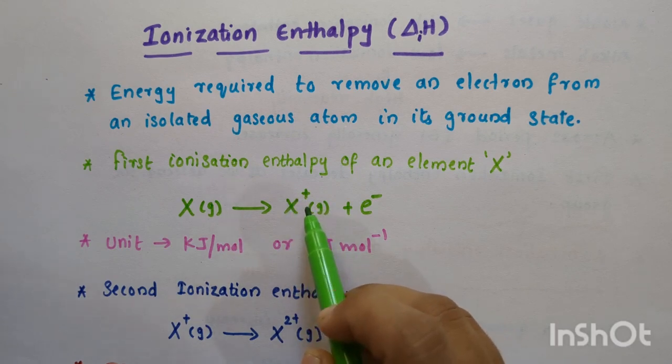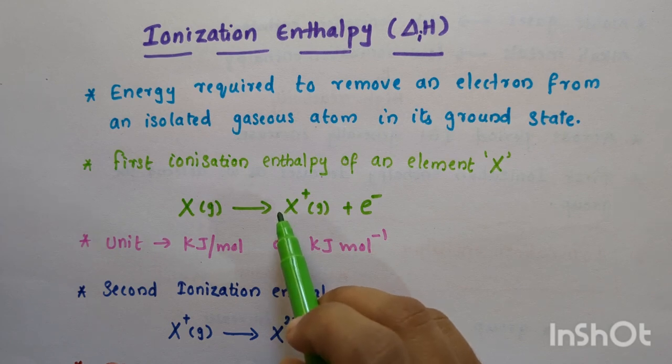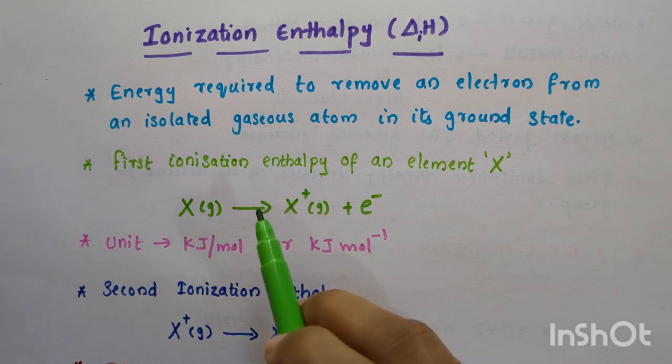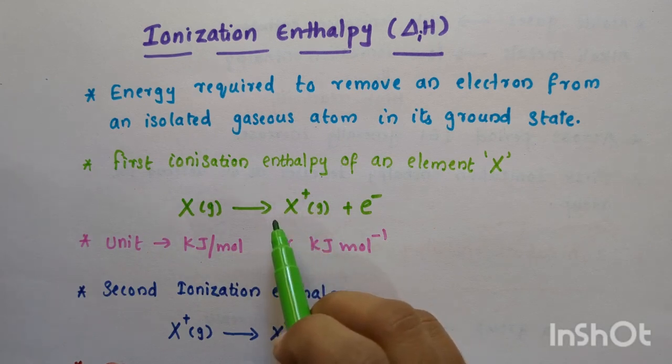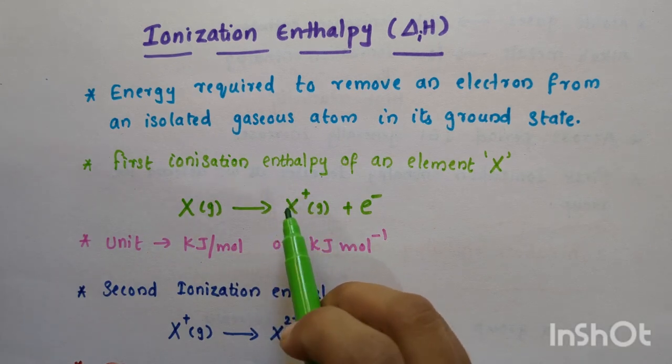So first ionization enthalpy is the energy required to remove the first electron, which is the most loosely bound electron, from a gaseous atom in its ground state.